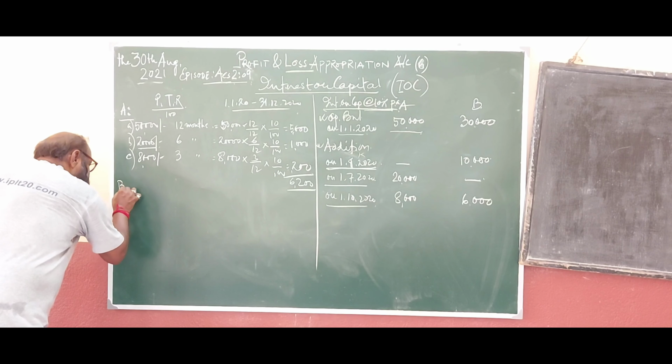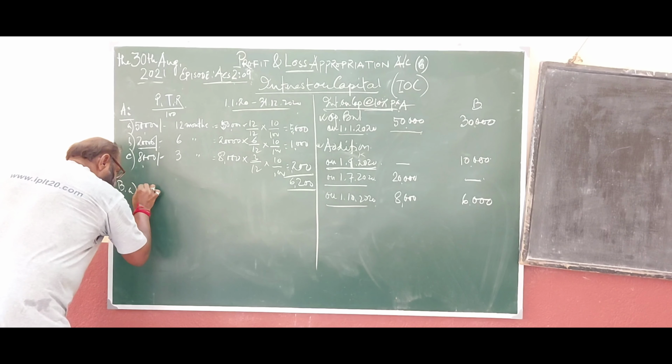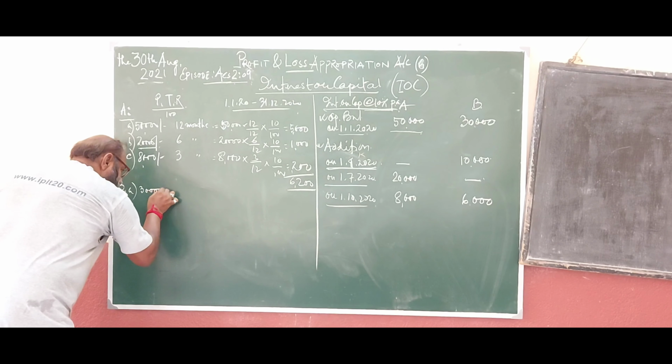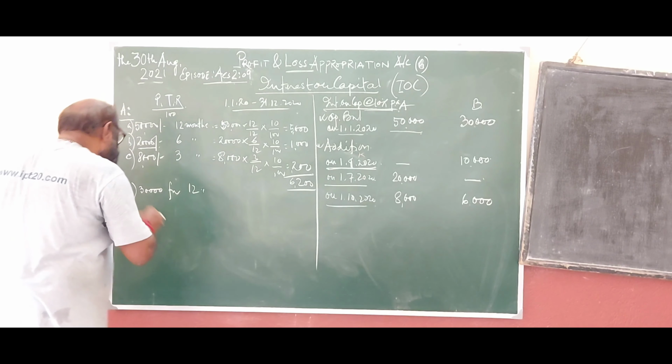For B, A part, how much? The initial amount was 30,000. So on 30,000 for 12 months. Okay? And B part. The next investment was made on 1/4/2020, 10,000.